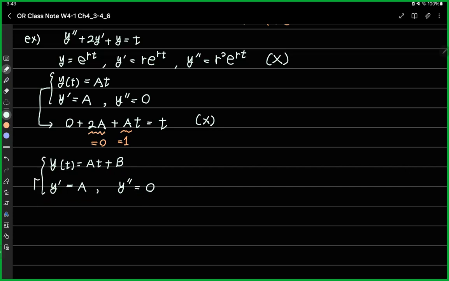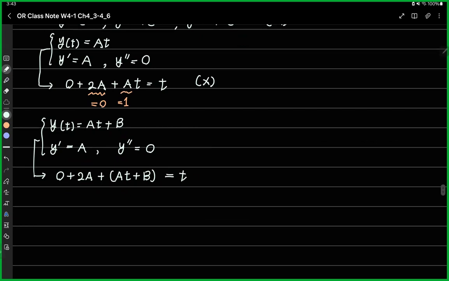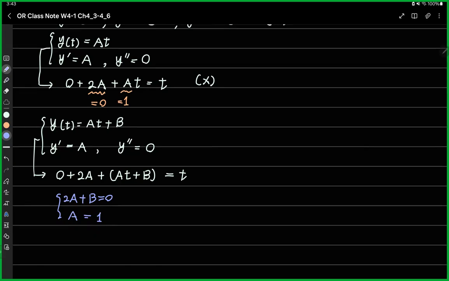Using this, we got 0 plus 2a plus at plus b, which must equal t. So 2a plus b must be 0, and a must be 1. Now it works.